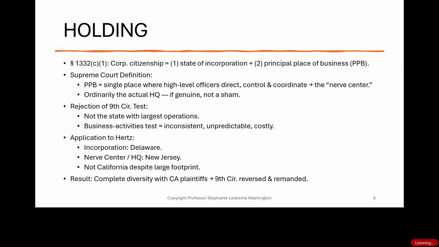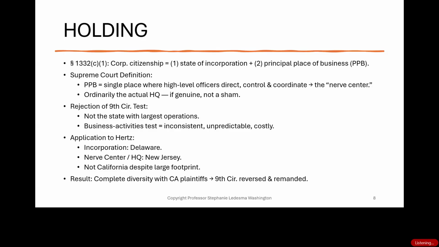Applying the standard of high-level officers direct, control, and coordinate the corporation's activities, the United States Supreme Court concluded that Hertz's principal place of business was in fact New Jersey, not California, despite conducting a significant portion of its business in California.